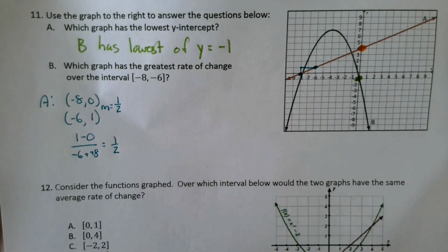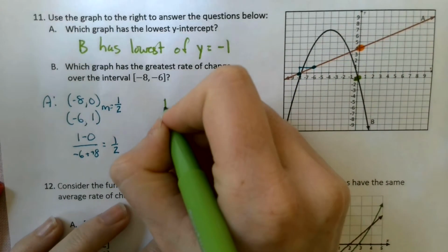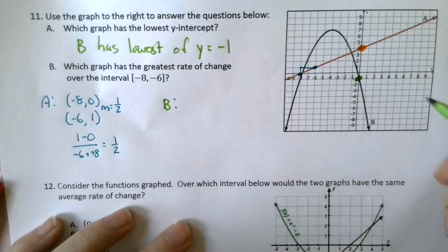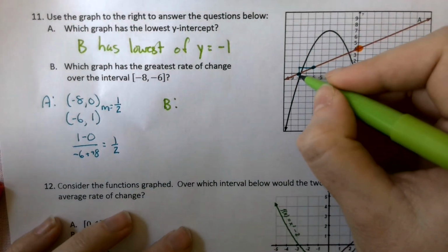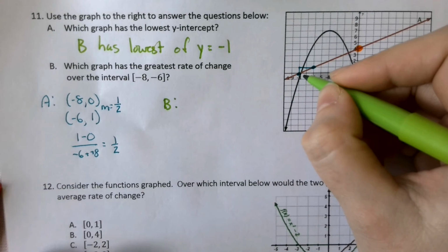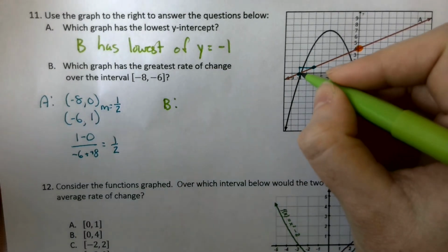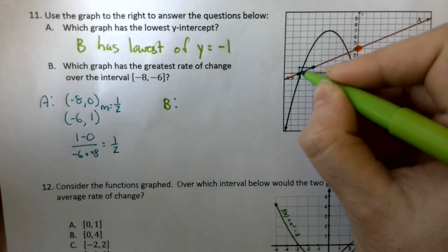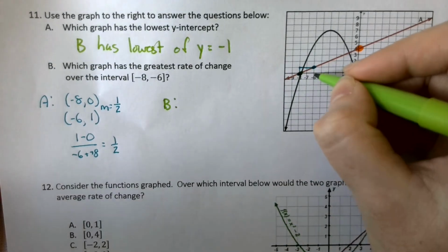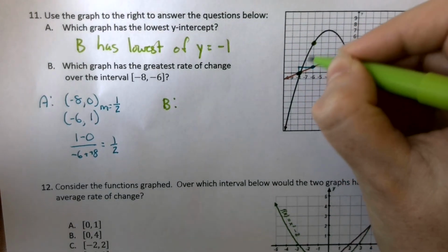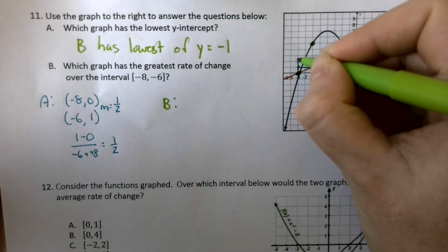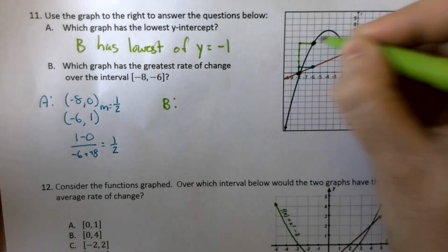And then for graph B, -8 is still right here to -6, be right here. So that would be 1, 2, 3, 4, 5 over 2.